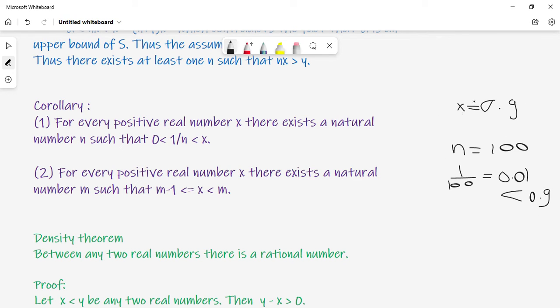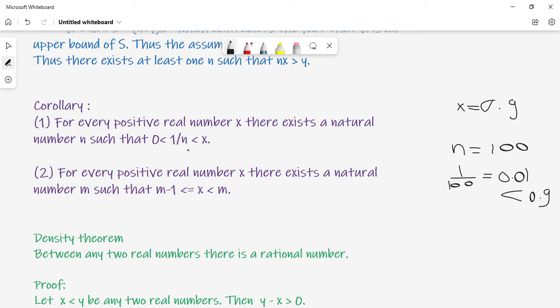So this is just verification of this statement. This is not the proof. But we verified that for a positive real number, we will certainly find some bigger natural number whose reciprocal will be smaller than x.